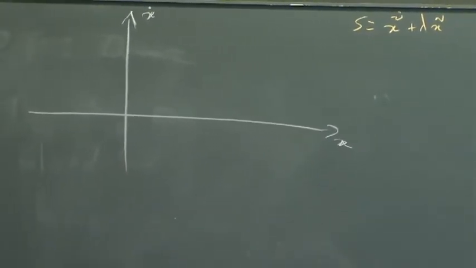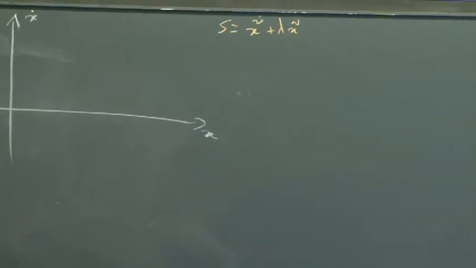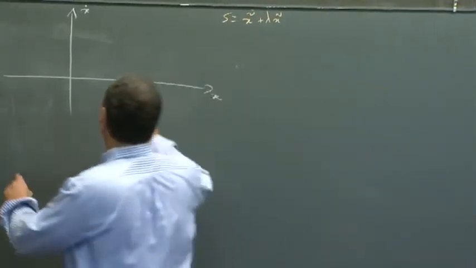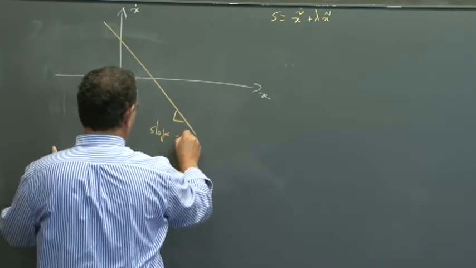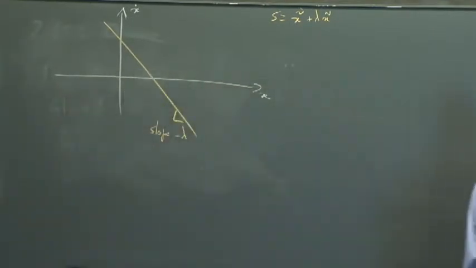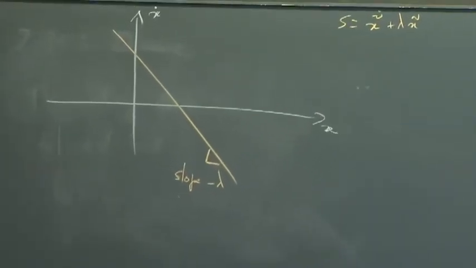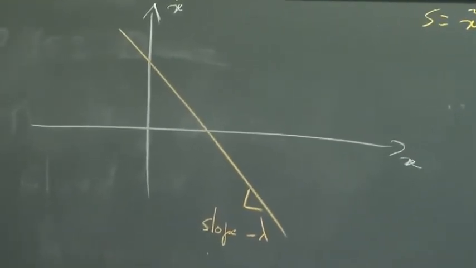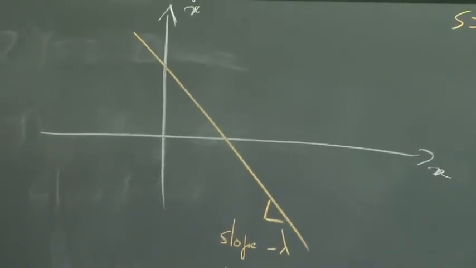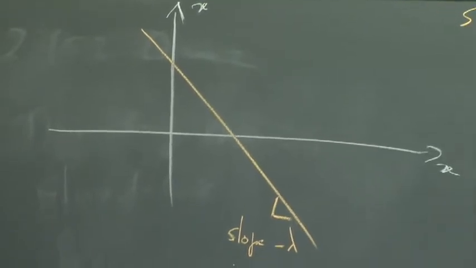So what does it look like? What's the slope? It looks like this, so it has a slope of minus lambda. And what else can we say if we want to construct this line? We have the slope, so we need one point. What's one point that belongs to this line? The origin? No, not the origin actually.